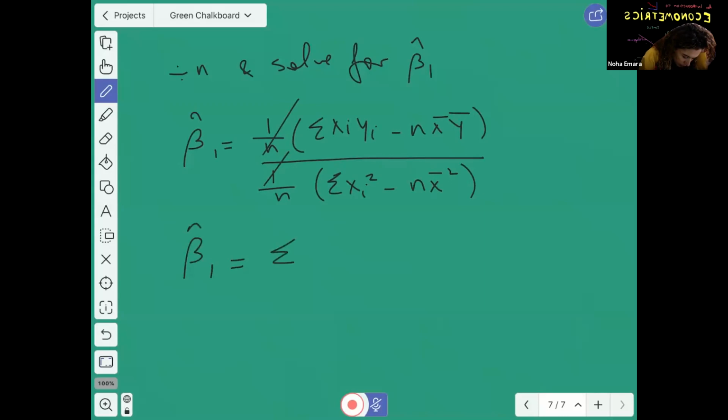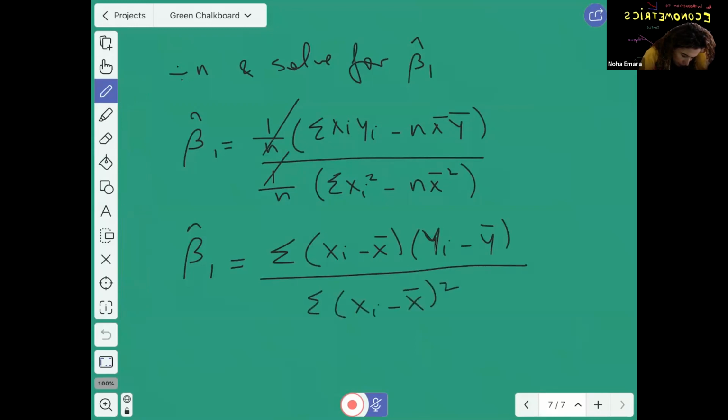You can say it's the sum of xi minus x bar times yi minus y bar, over the sum of xi minus x bar squared. And this is simply the covariance between xi and yi over the variance of x.